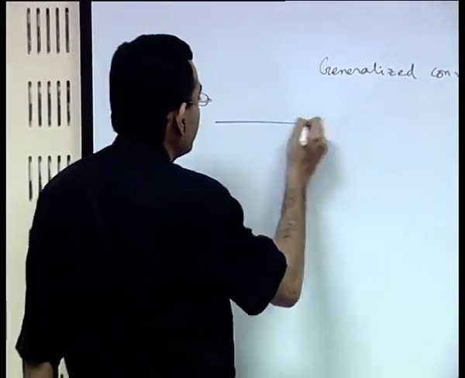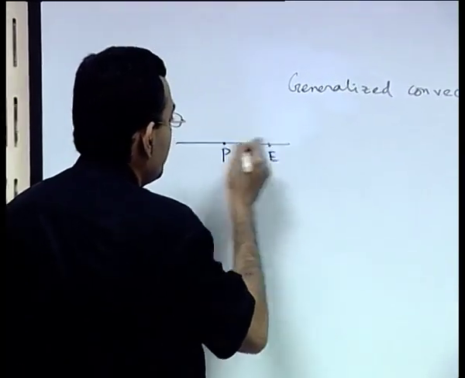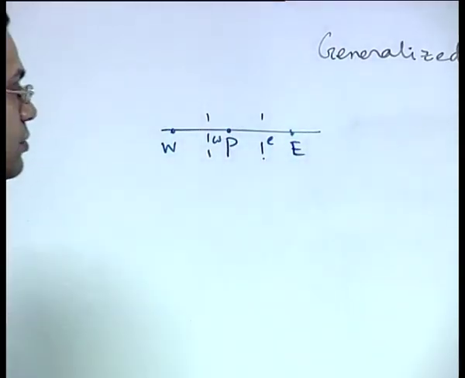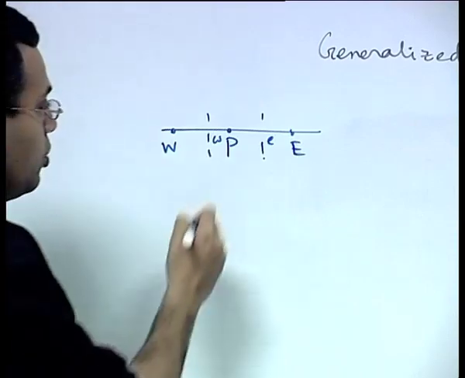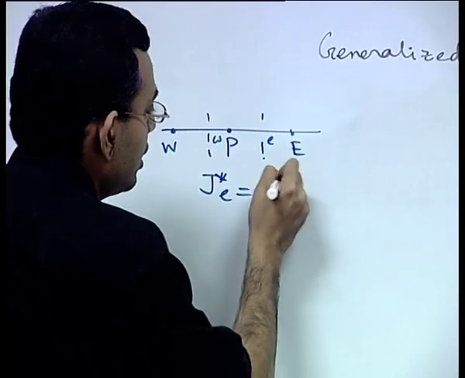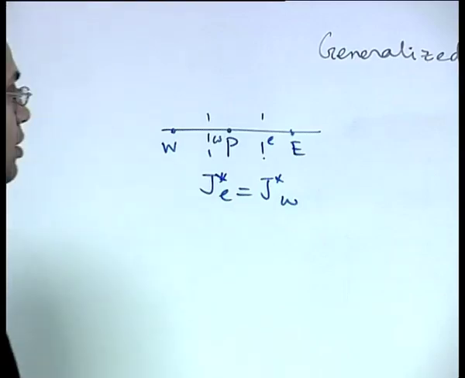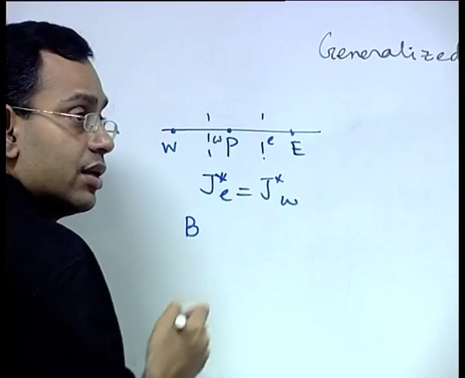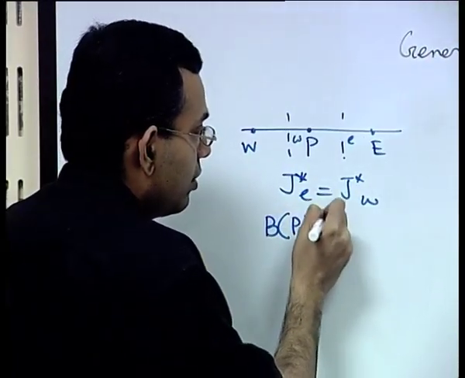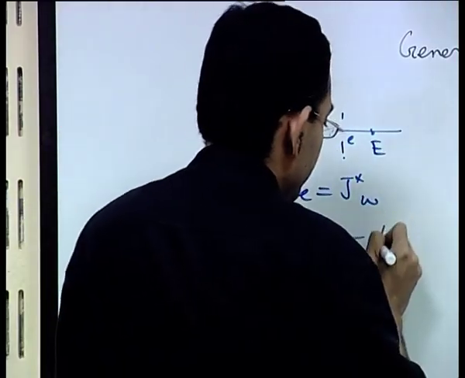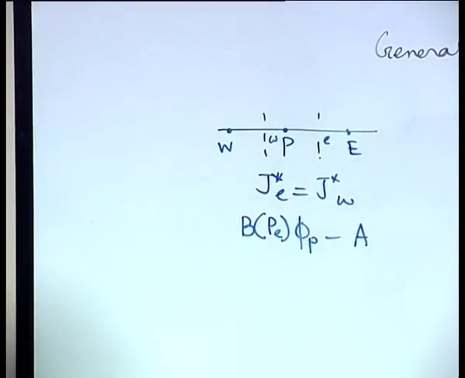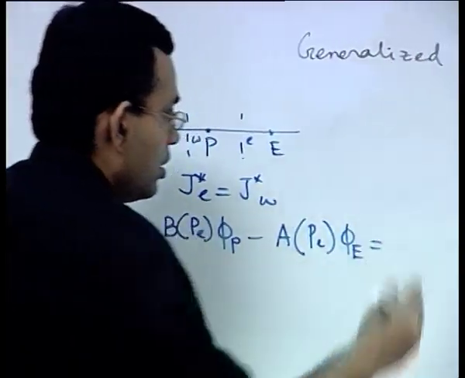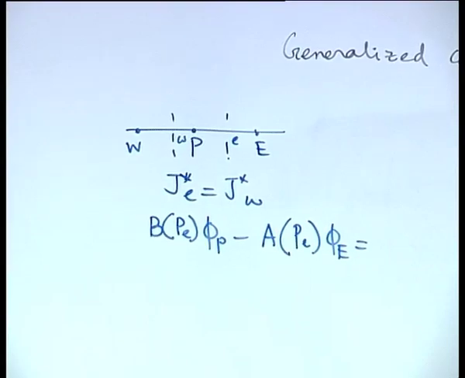So if you discretize your equation by considering these grid points, you have J star E equal to J star W. So J star E is B phi P, so B of PE phi P minus A PE phi E. This is J E star, and what is JW star?